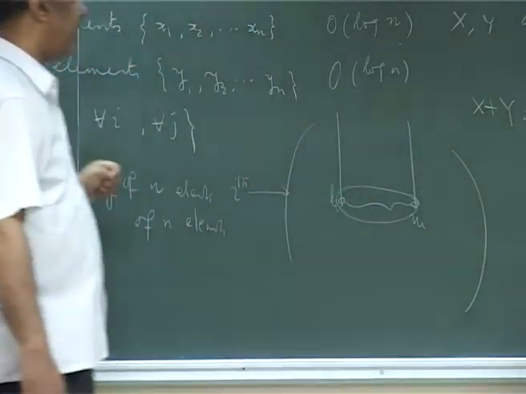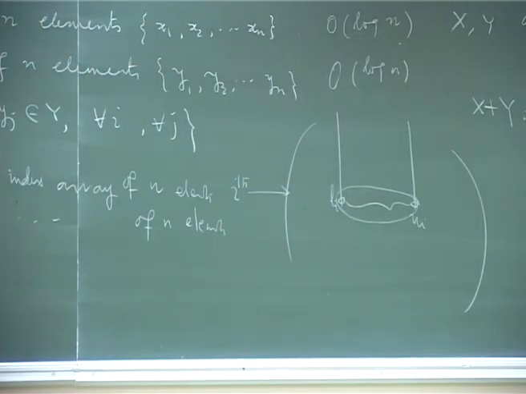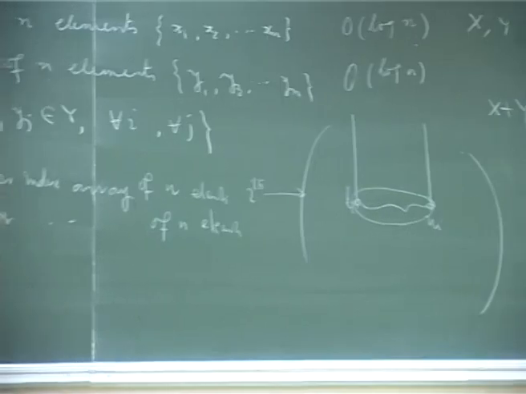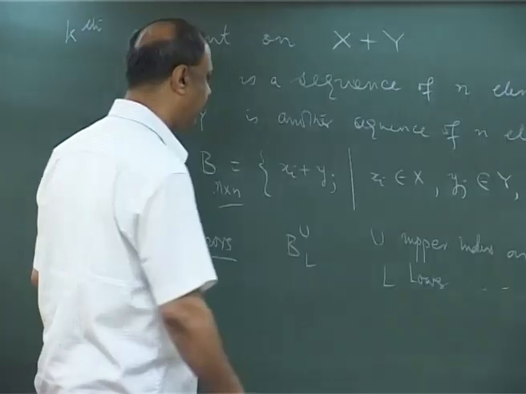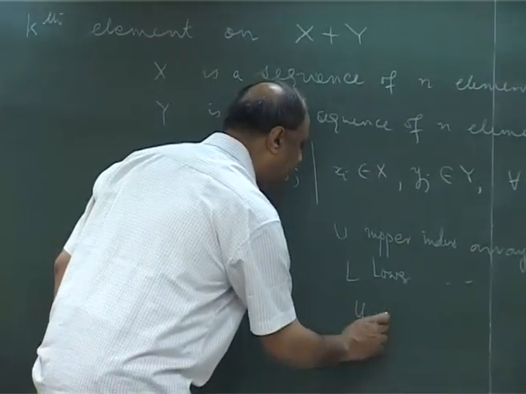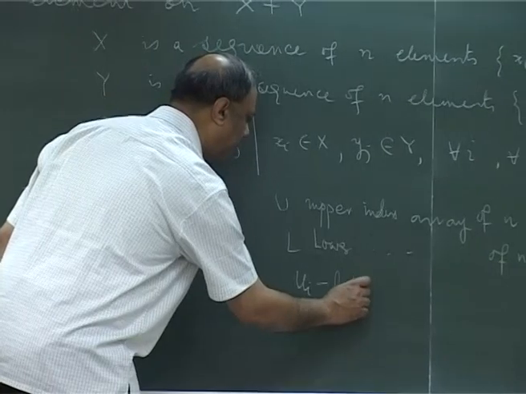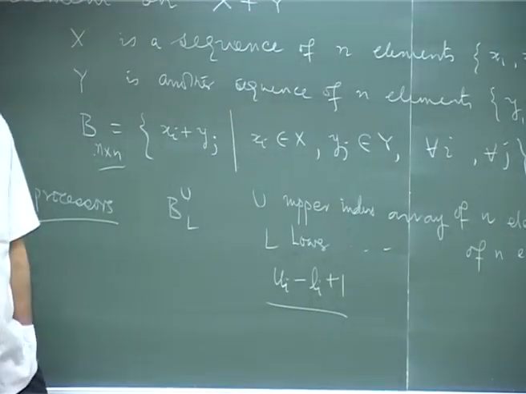So in the ith row, the number of elements considered as possible candidates for the kth element is Ui minus Li plus 1. Agreed?